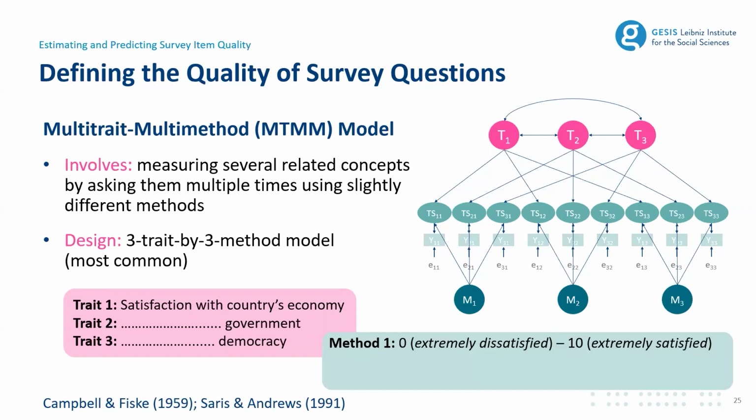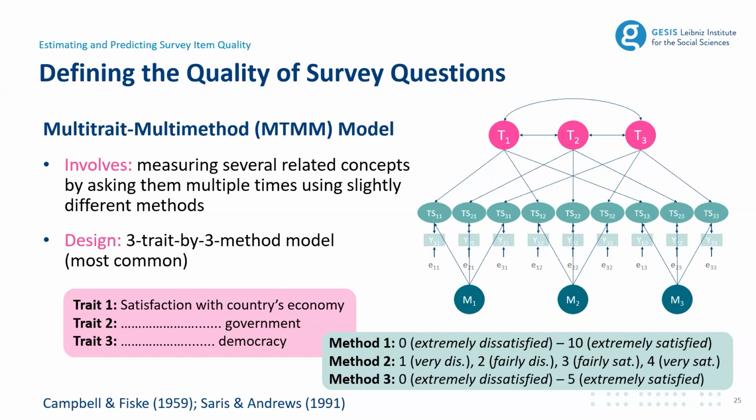And then you might have a question measuring those, and what you change is the answer scale. For example, the first method is an answer scale that ranges from 0 to 10. Then you have one completely labeled method with 4 different response options, and maybe a third method which consists of 6 different response options. And then you collect real data, and based on this real data and the model behind, you can then estimate the quality of these survey questions.